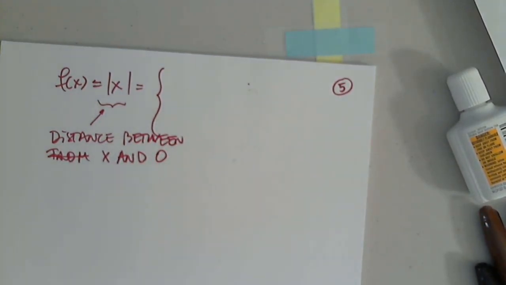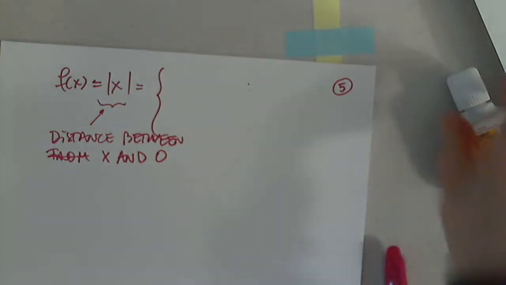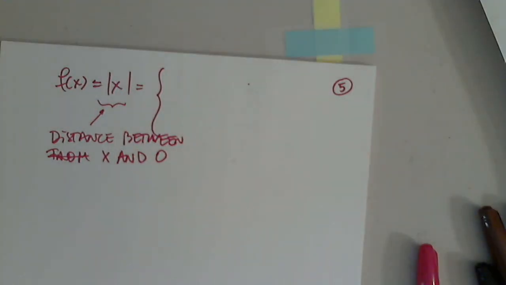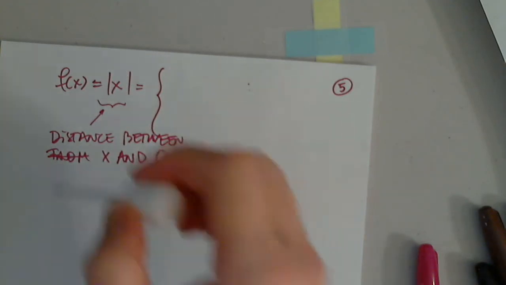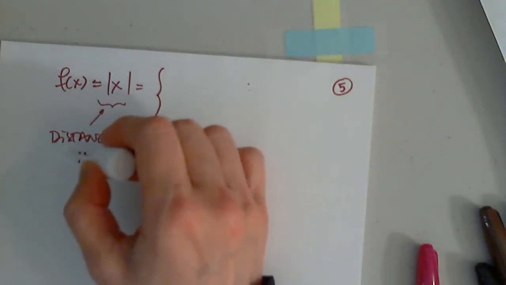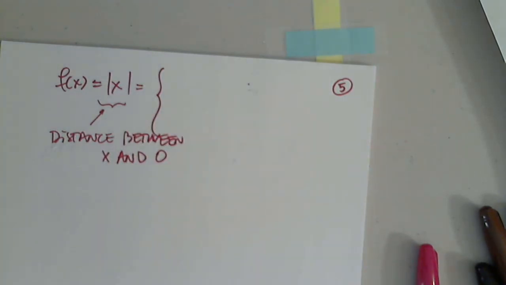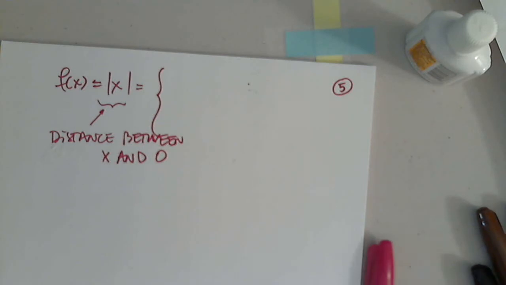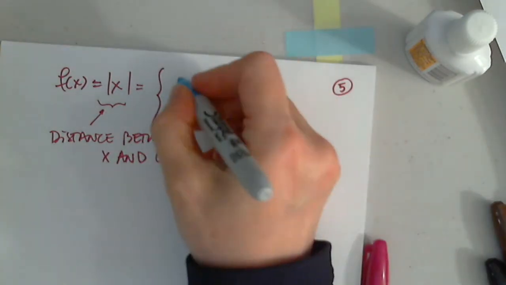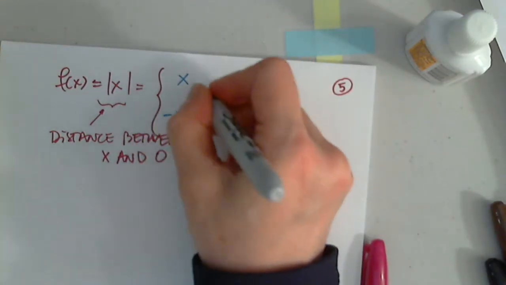Or the distance from 0 to x. Okay, perfect. But the formal definition, how do we simplify that into a piecewise defined function? Because it is a piecewise defined function. Just x and negative x. Very good. x and negative x.